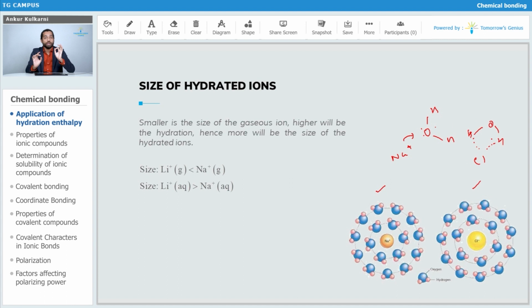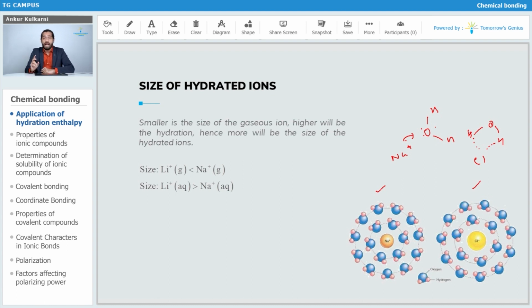So water molecules gather around your sodium and chloride. These are your hydrated ions: sodium covered by water molecules is one hydrated ion, and chloride covered by water molecules is another hydrated ion.